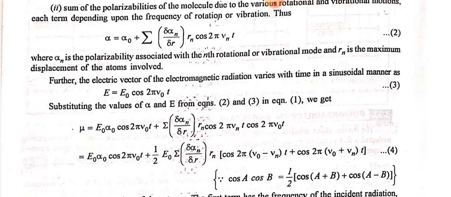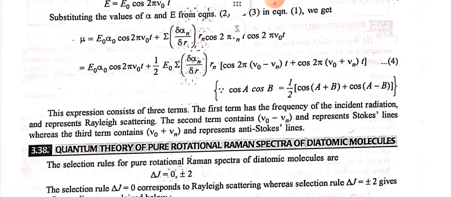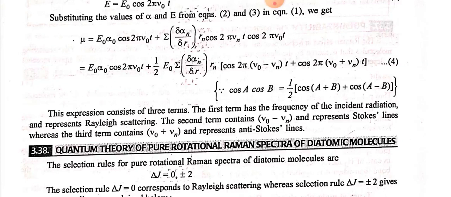Further, the electric field vector of electromagnetic radiation varies with time in a sinusoidal manner, as E is equal to E naught cos 2 pi nu naught t, equation 3. Substituting the values of alpha and E from equations 2 and 3 in equation 1, we get mu is equal to E naught alpha naught cos 2 pi nu naught t plus summation of delta alpha n by delta r into rn cos 2 pi nu n t into cos 2 pi nu naught t.